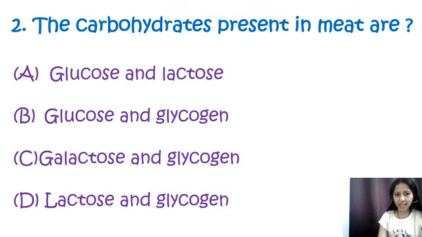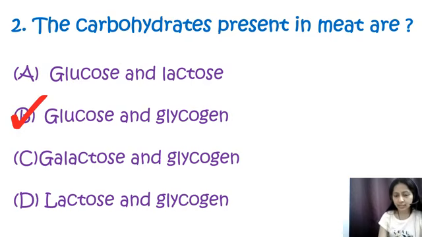Question number 2. The carbohydrates present in meat are, options are glucose and lactose, glucose and glycogens, galactose and glycogens, and lactose and glucose. So over here the correct option will be option number B, that is glucose and glycogens. We know the main source of carbohydrate in the animal body is its liver, which contains about half of the total carbohydrate present in the body.